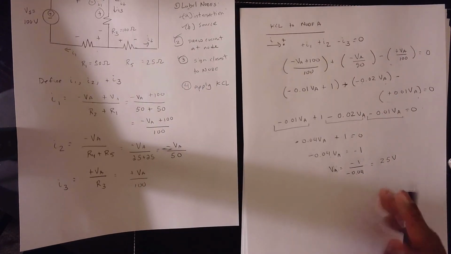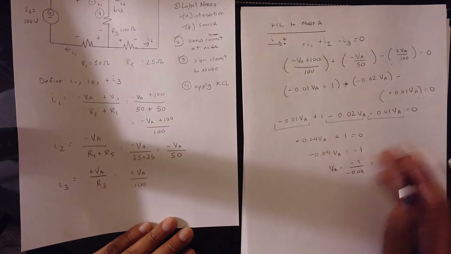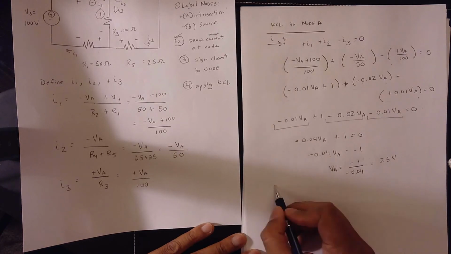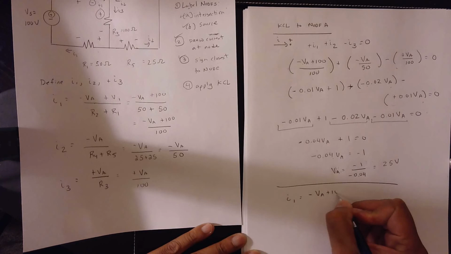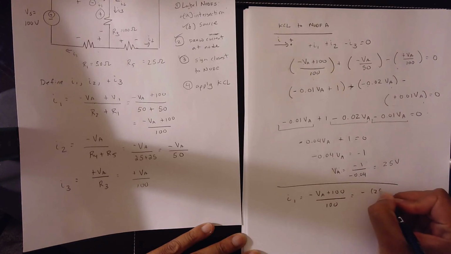Now we have VA as 25, we go back and solve for I1, I2, and I3 from here. We write I1 is minus VA plus 100 over 100. You get minus 25 plus 100 over 100.